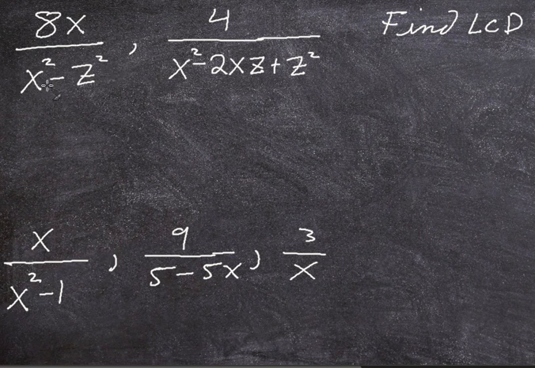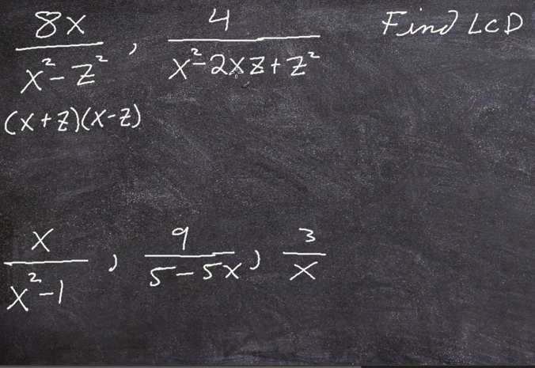So for this, I have x squared minus z squared, and I have x squared minus 2xz plus z squared. So I want to find the LCD between these. I think the best thing to do is start factoring. This is a difference of squares, so I can use that difference of squares formula that we derived, x minus z times x plus z. What about this one?